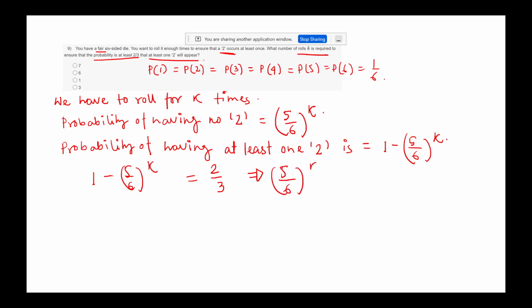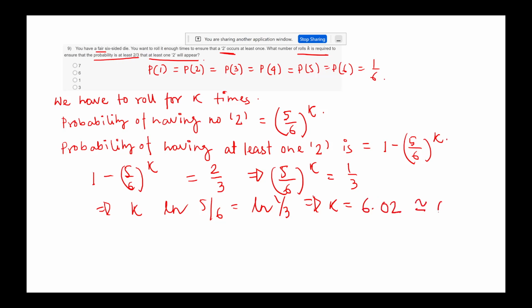(5/6) to the power K is 1/3, and K ln 5/6 is ln 1/3. If you solve it, K is ln of 1/3 divided by ln of 5/6, so it gives me 6.02, so about 6.